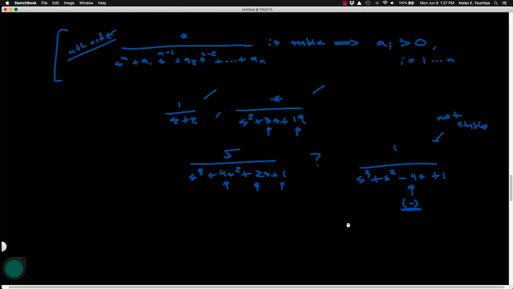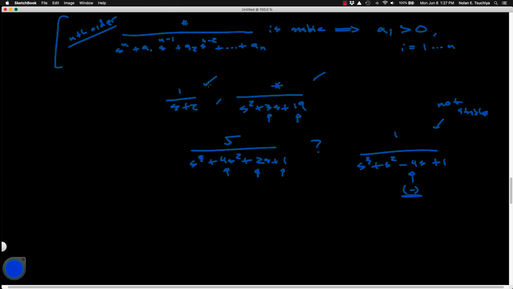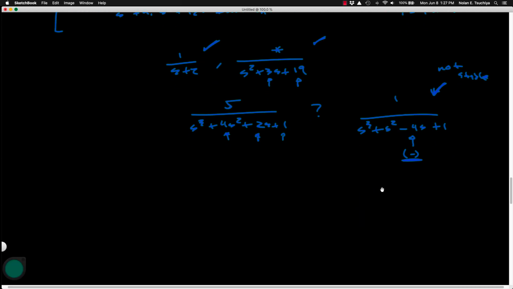So definitively these two are stable because they're first and second order systems. This one is definitively not stable because it doesn't satisfy the necessary condition. The problem that we run into is, what about all these maybe scenarios where the transfer function denominator contains all positive coefficients, but we don't know if the system's actually stable or not?